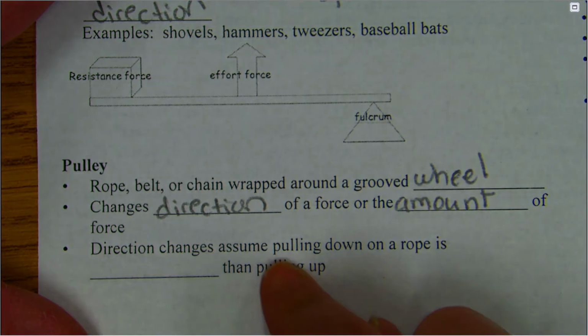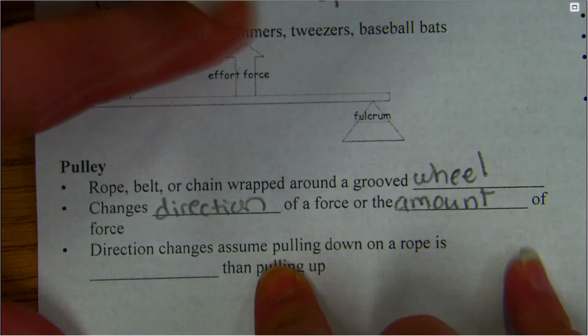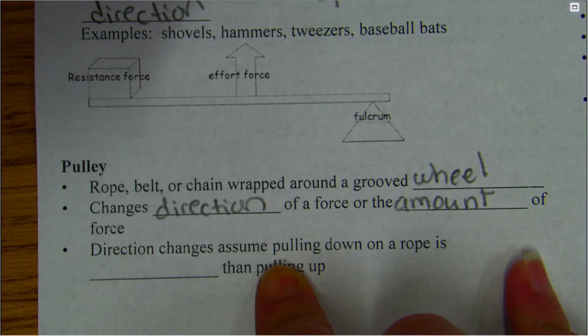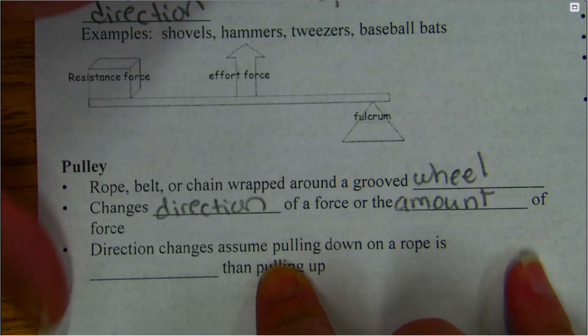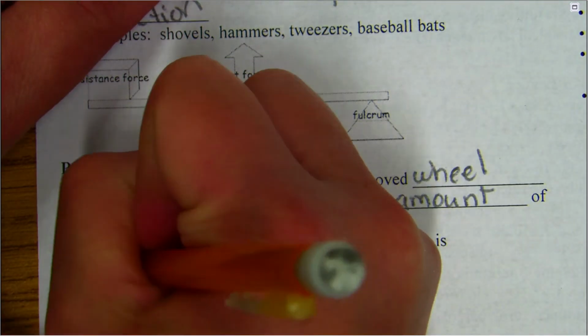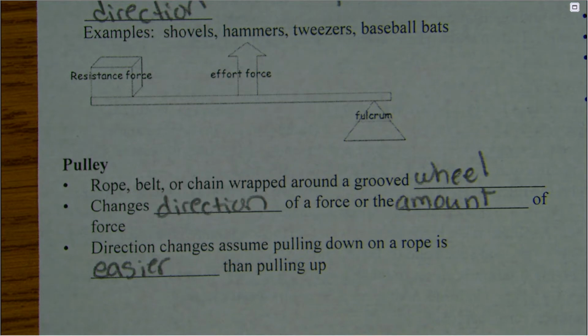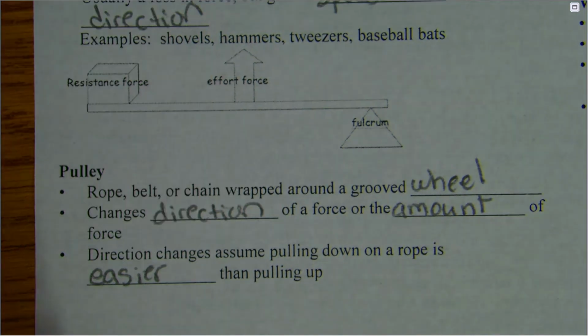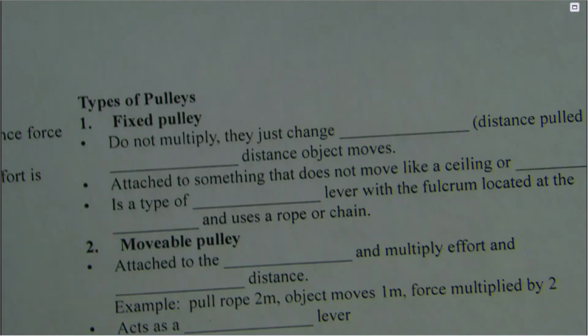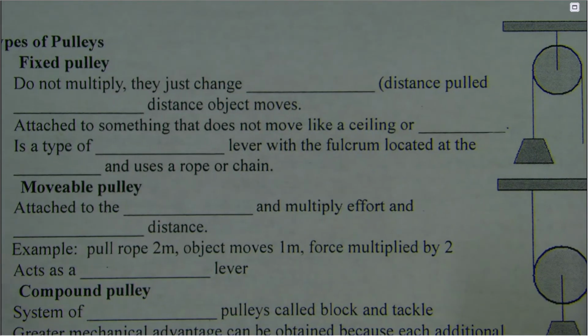The direction change assumes pulling down on a rope is easier than pulling up. So we're making the assumption here that it's easier to pull down than to pull up. We have three main types of pulleys. We have a fixed pulley. Fixed pulleys do not multiply.